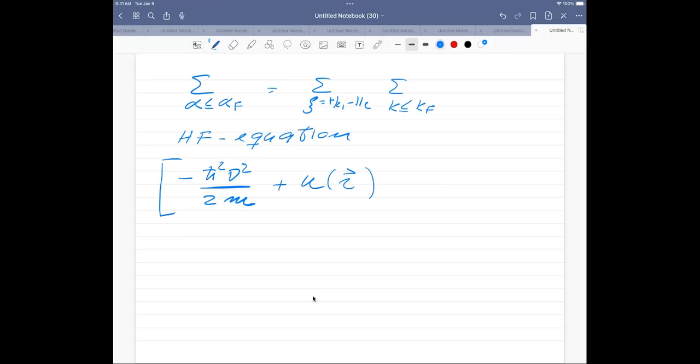And now if I look at my Hartree term, I get plus, but then I get a factor of 2 because I'm summing over the spin degrees of freedom. And there is no spin dependence in the interaction, okay? So what I have now is just a sum over these quantum numbers k up to the Fermi level, which I label as kF. And there is an integral over d r.